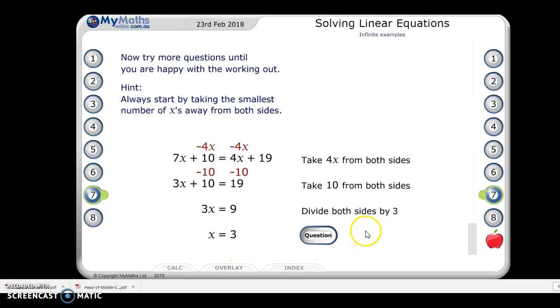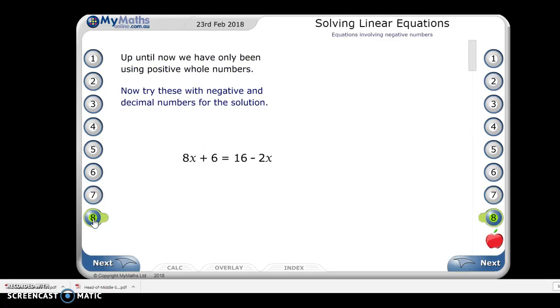When you come into this part to practice for yourself, you can just keep clicking on the questions until you're happy that you understand what's going on. Let's go to section 8. Up till now, we've only been using positive whole numbers. So this is a little bit trickier because I now have to think about the fact that the x on this side has a minus sign in front of it.